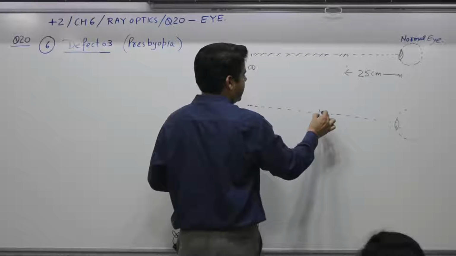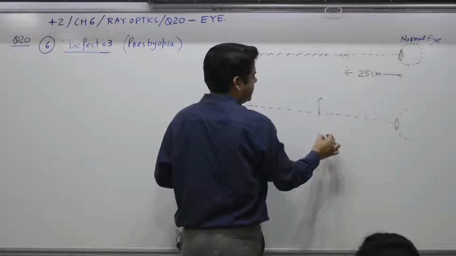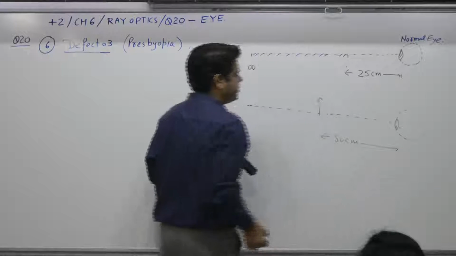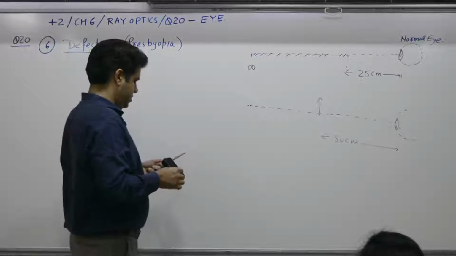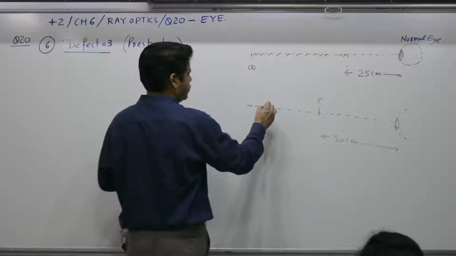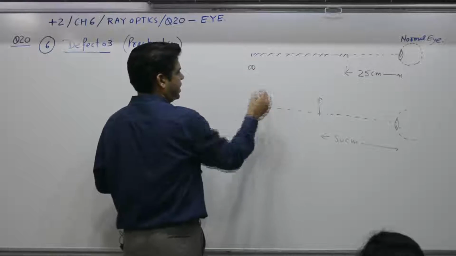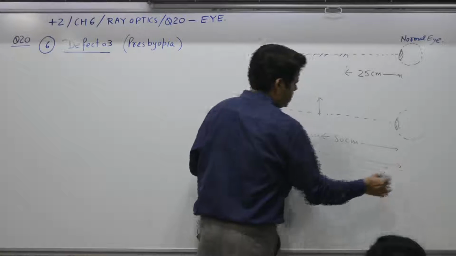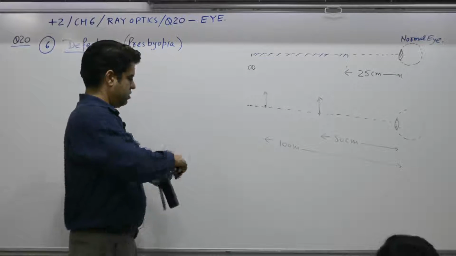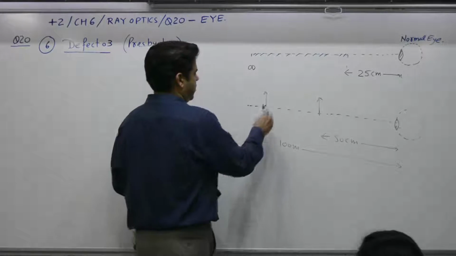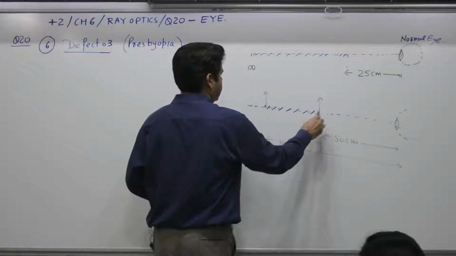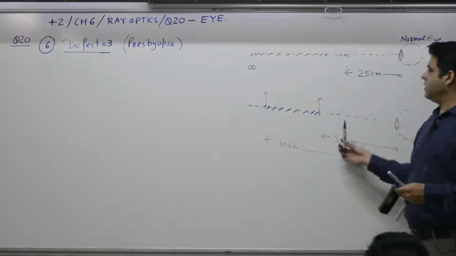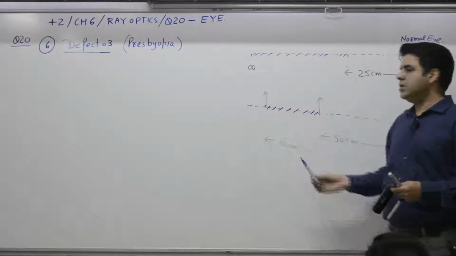For defective eye, this 25 centimeter may shift to say 50 centimeter. And this point is also not at infinity, say at 100 meters. So the range is less. So near point shifts from 25 to say 50, far from infinity to say 100 meter.